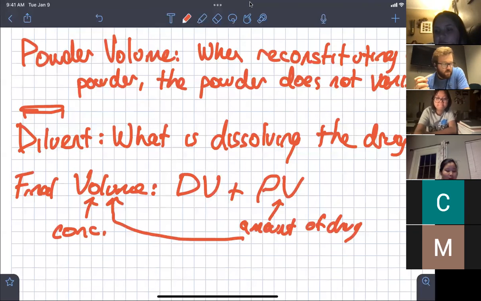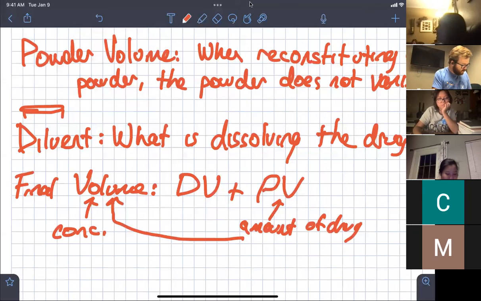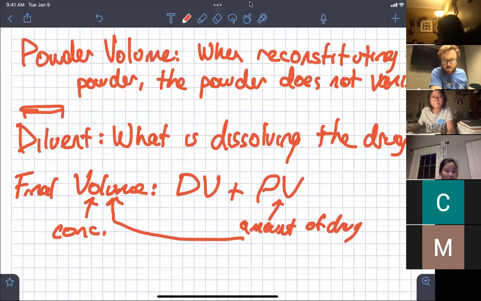If you add 3.3 milliliters of diluent, the question is, what volume of the final product will you need? Which quiz is that? I think the second one.